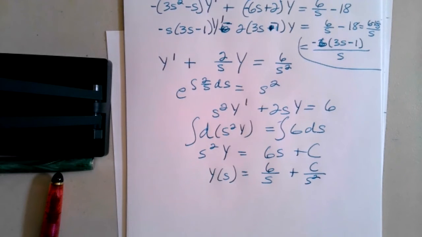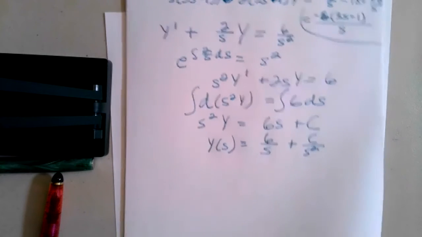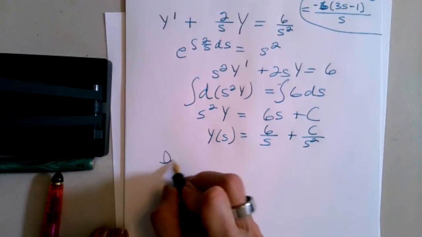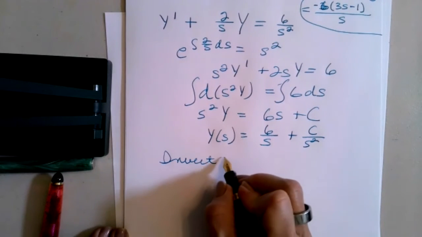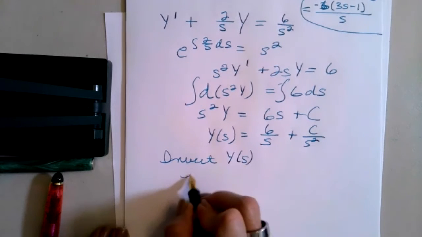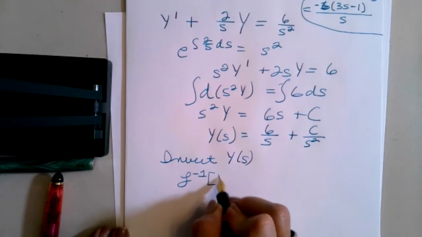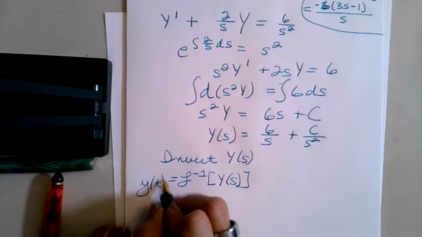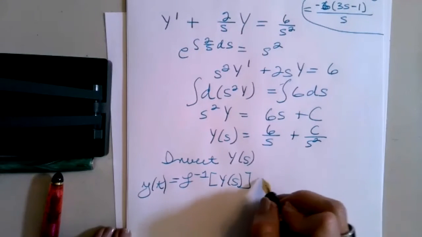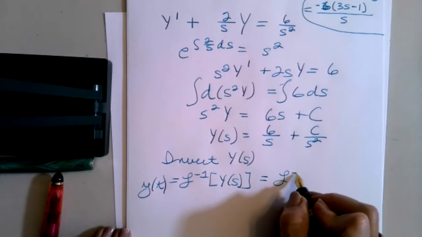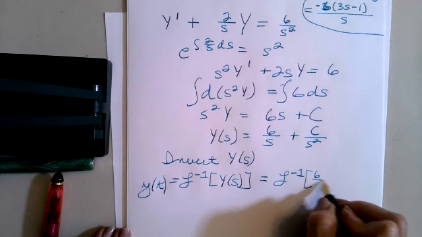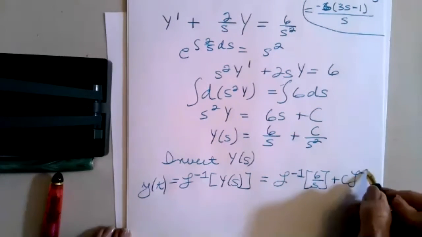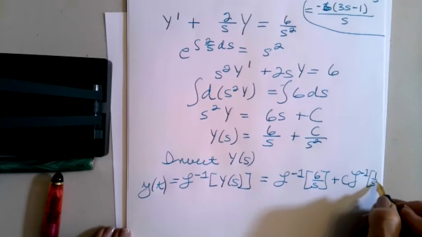So there had to be a mistake somewhere, and it was in the algebra. Now we want to invert Y of s. So we take the inverse Laplace transform of capital Y of s. That will give us little y of t up to this constant. That means I take the inverse Laplace transform of 6 over s plus c times the inverse Laplace transform of 1 over s squared.